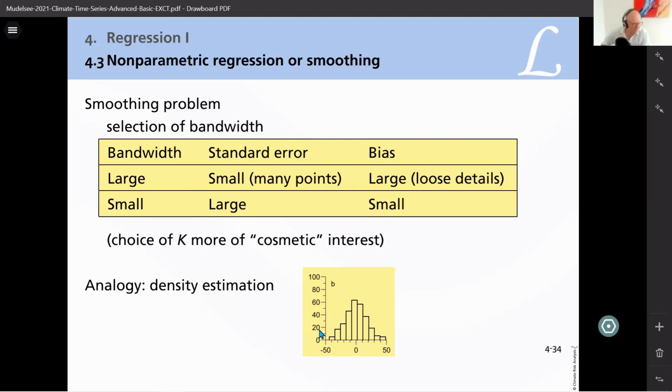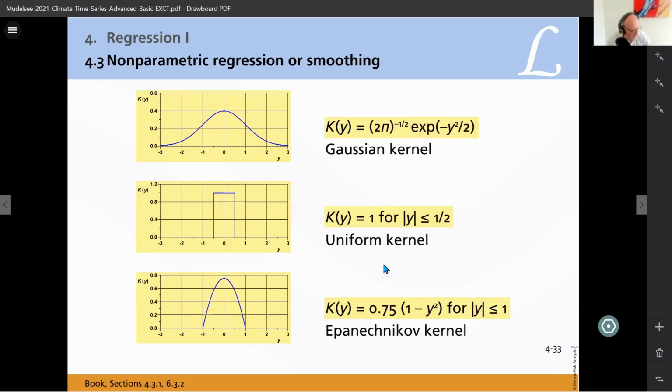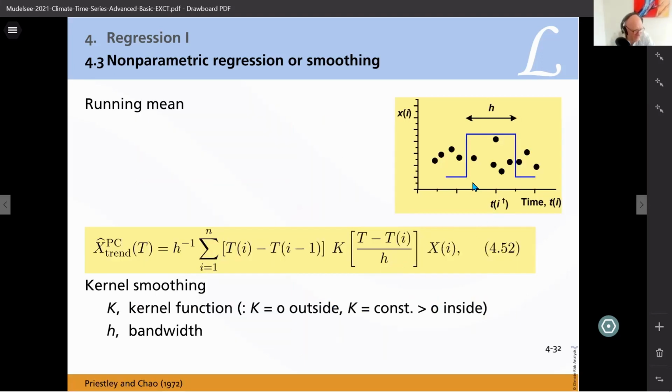And we met this problem already in the morning, namely the selection of the bandwidth, the smoothing problem. Let me go back and illustrate it. Let us assume we have a very small bandwidth, a value of h that corresponds on average to 2 or 3 data points.